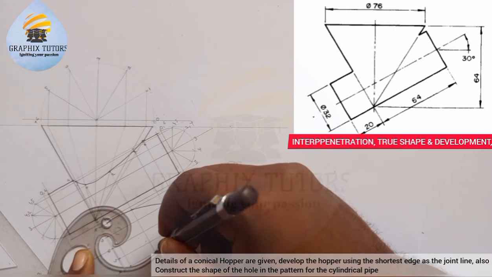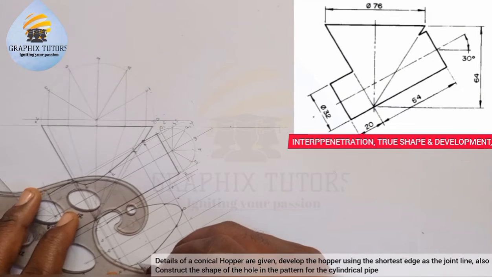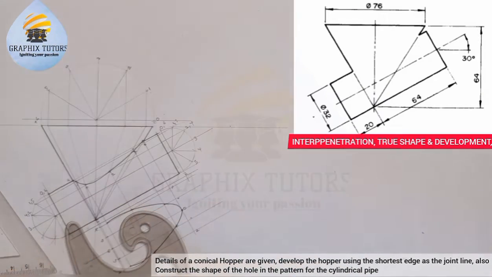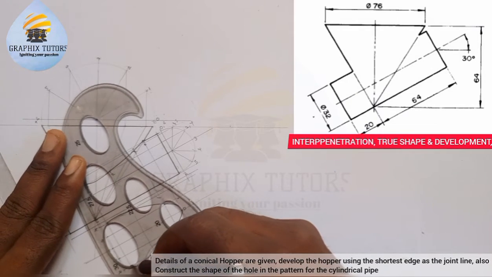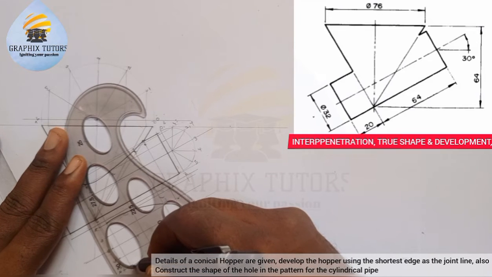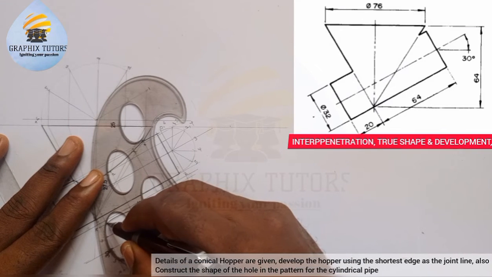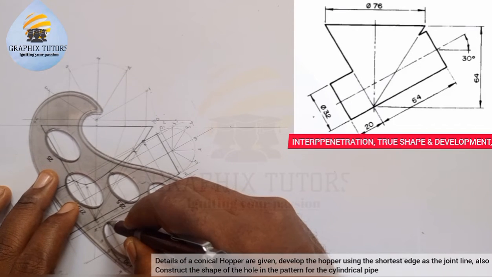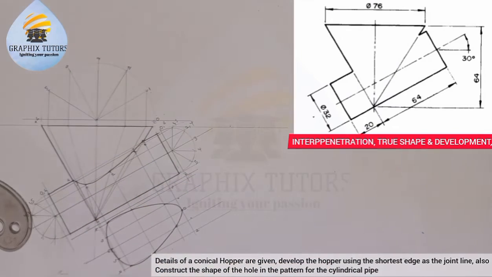Then I have this, this way, and this way. You can see that. So we have that, right?